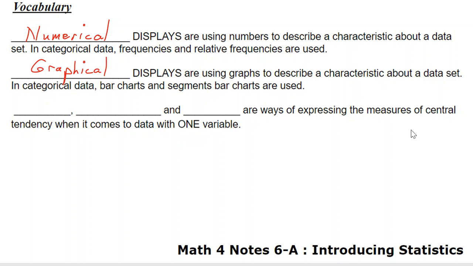But this is a blast from the past. Measures of central tendency. Oh, I'd like to think that that is a familiar phrase. Measures of central tendency. That is what we call mean and median. Yes, we're going to come back to those with a vengeance.